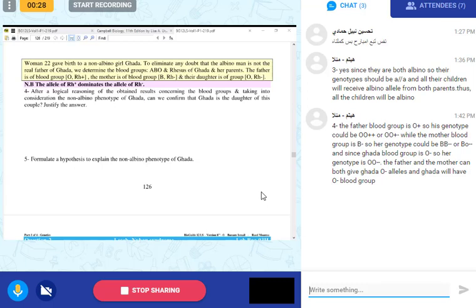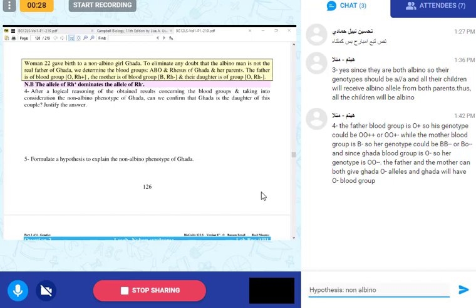Okay, formulate a hypothesis to explain the non-albino phenotype of Ghada. What could it be? The non-albino phenotype of Ghada is due to a mutation in the process that makes melanin.